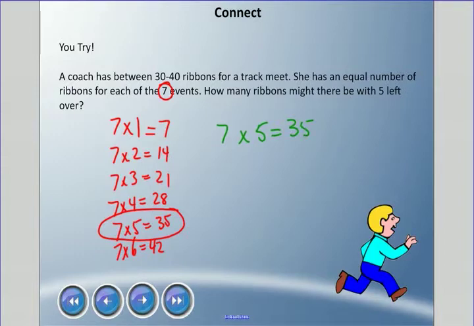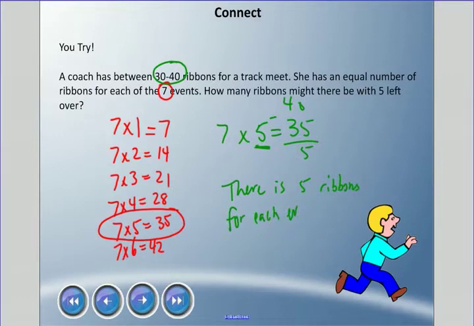So 35 ribbons is the number that I am hinting at here. So the answer is there'll be 5 ribbons for each event, and 40 minus 35 is 5 left over. So our answer here is there are 5 ribbons for each event.